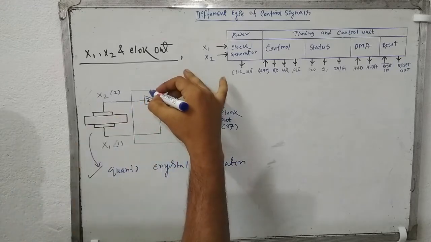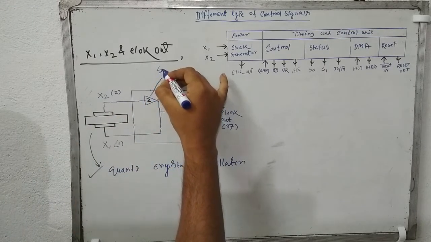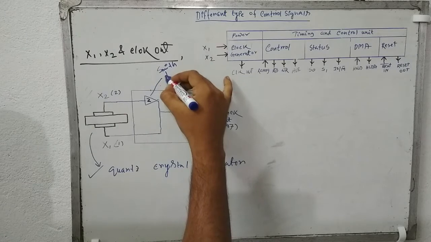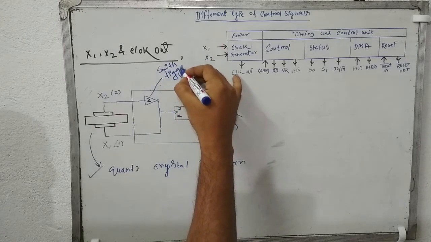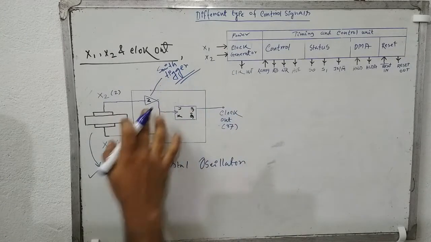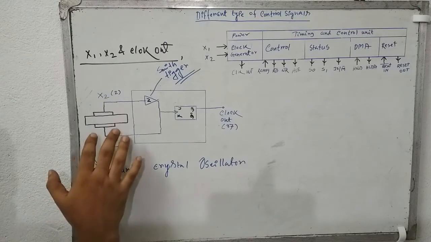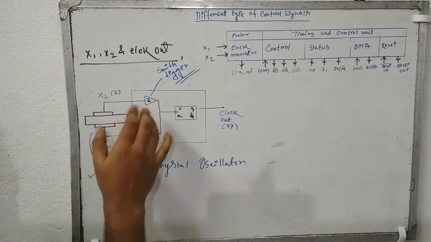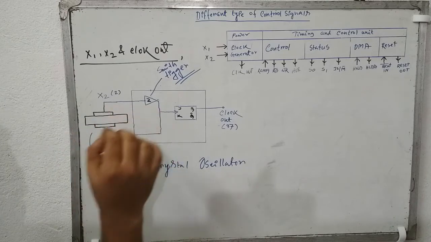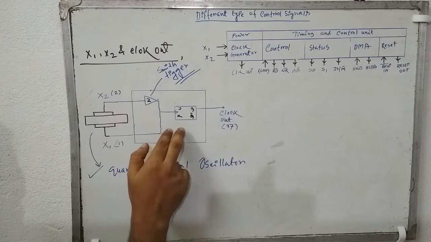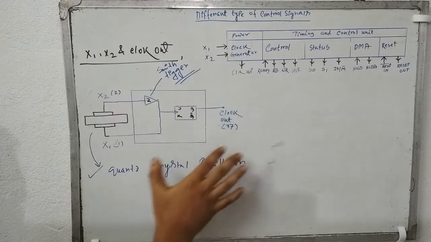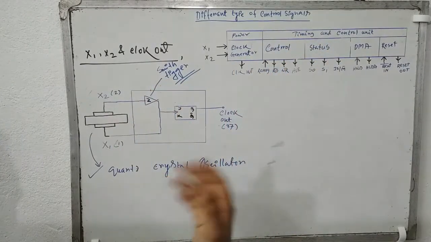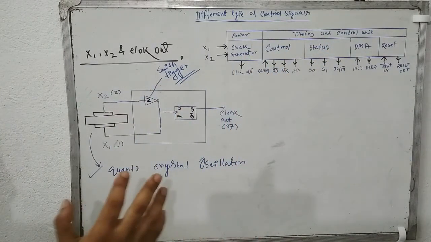The Schmitt trigger circuit is over here. When the frequency is passed to the Schmitt trigger circuit, it will produce the actual frequency on which the timing and control unit, or the microprocessor, operates.